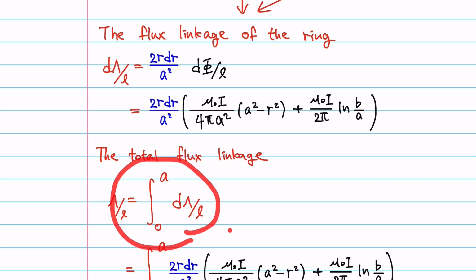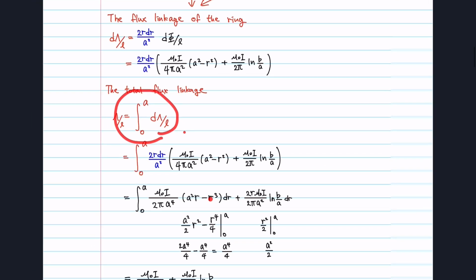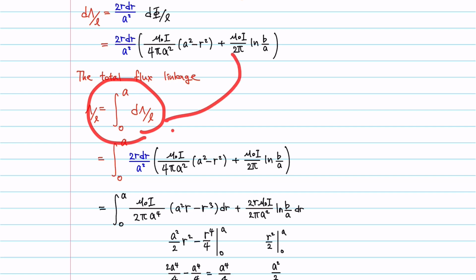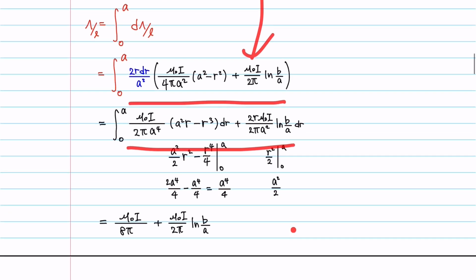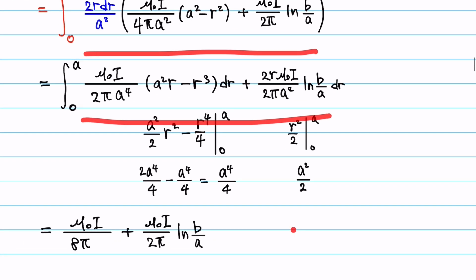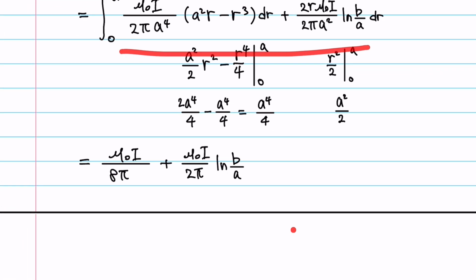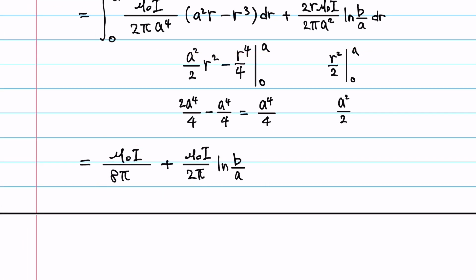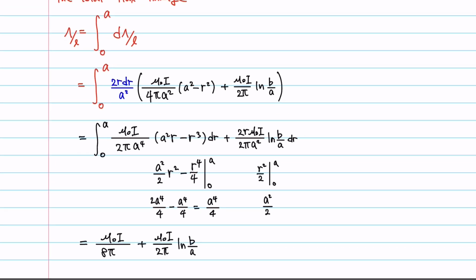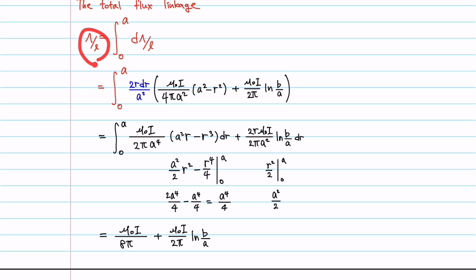So that's why we have this equation, and the rest is just math. You plug this equation into the integral like this and do the integration, and if you do the math, you can follow this later, you arrive at this equation. So now you see that the total flux linkage is given by this equation.